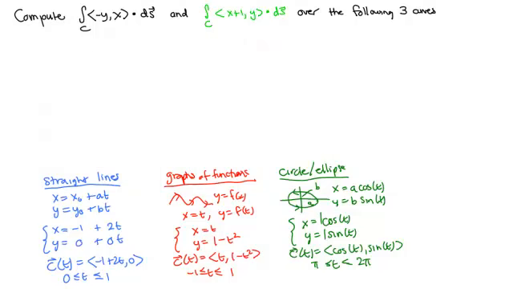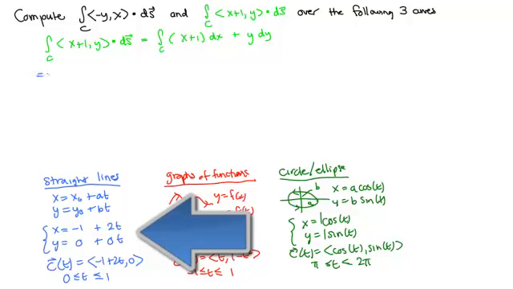Let's focus on this particular integral, the line integral over a curve of x plus 1 comma y dot ds, which we can express as the integral of x plus 1 dx plus y dy.